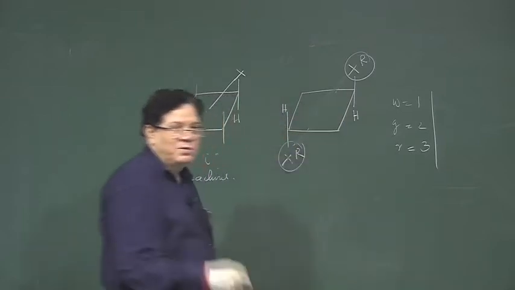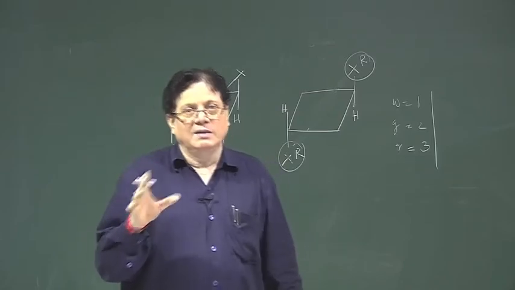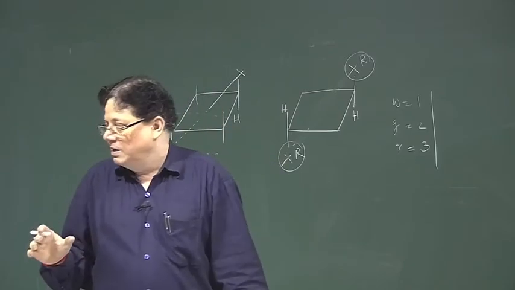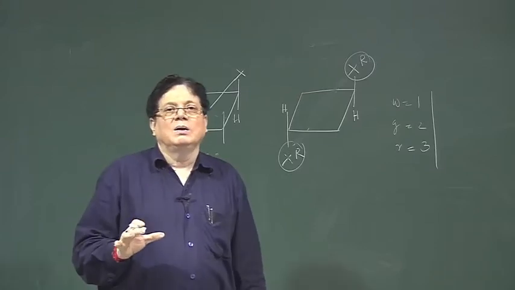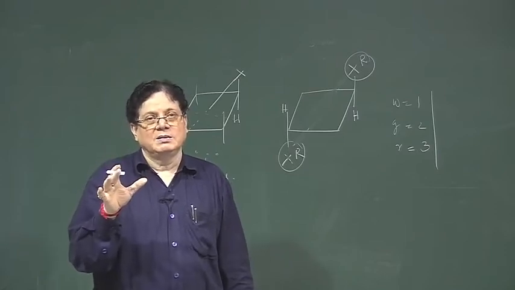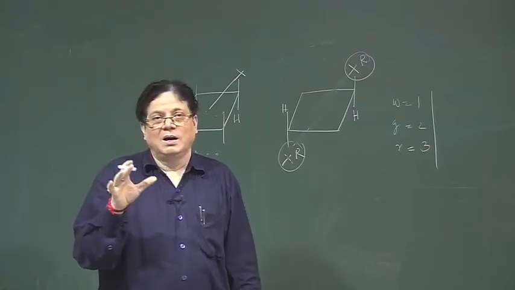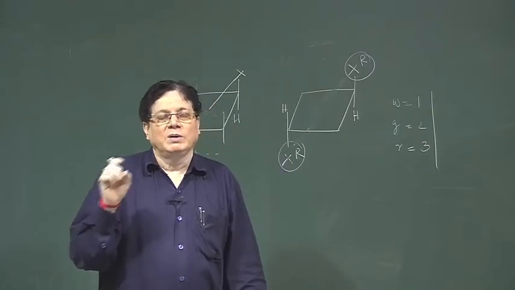So, now we have to revise the definition a little bit. Center of symmetry for achiral systems is that a substituent joined to the group, extend it backwards and you get the same substituent, and that is true for all the substituents present in the system. This is for molecules without any chiral center.